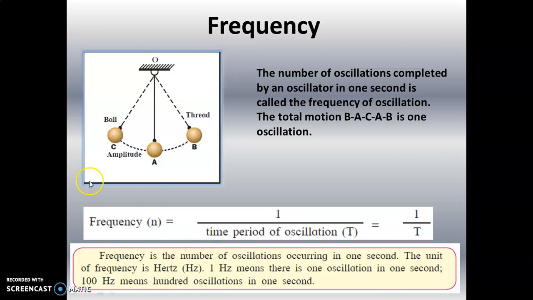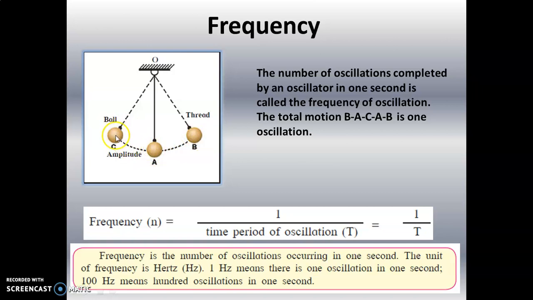Okay, so if we see in the diagram, the total motion B to A to C to A to B. So suppose I am starting from here, then B, A to C, then C to A, and A to B is one oscillation. Now suppose I am starting from A to C, then back to A, C, and again A here.